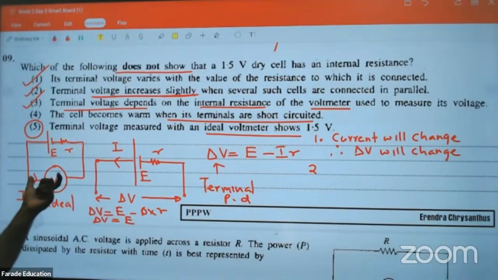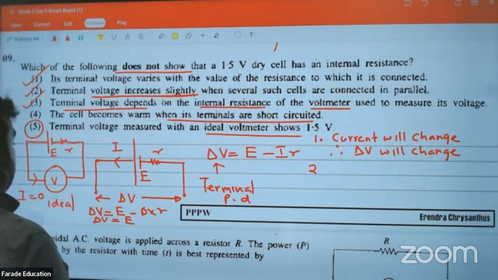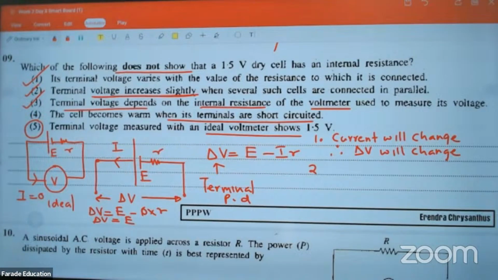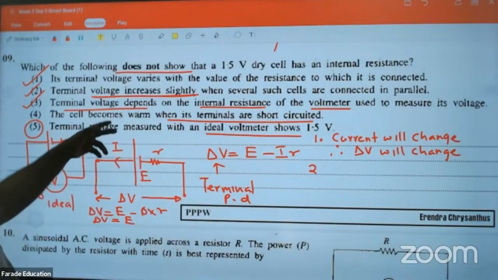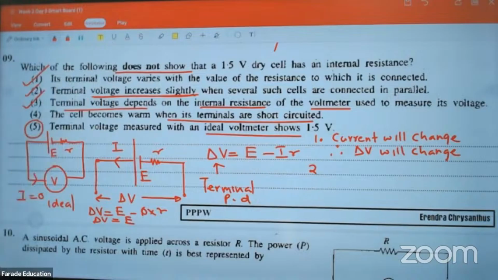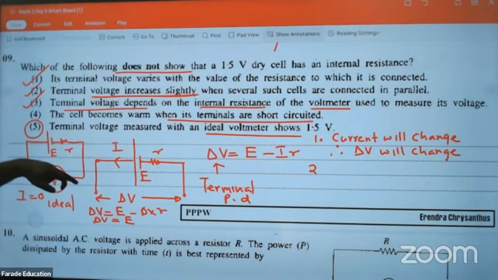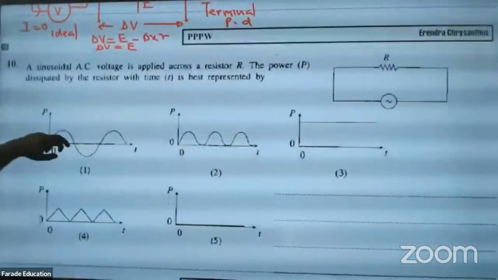So the terminal potential difference is equal to the EMF. So we cannot predict whether there is an internal resistor or not.